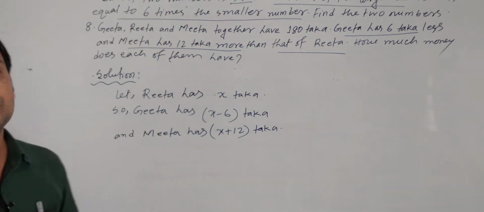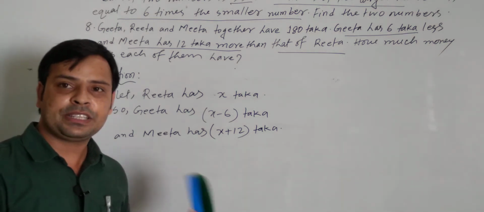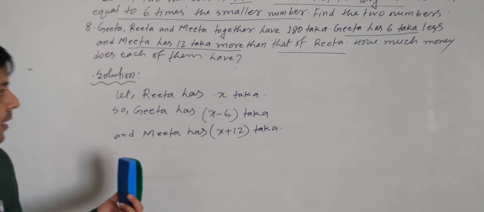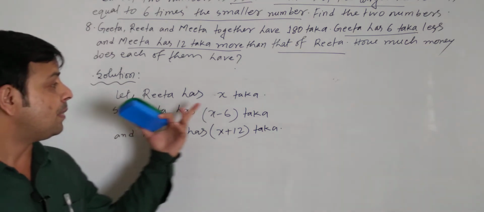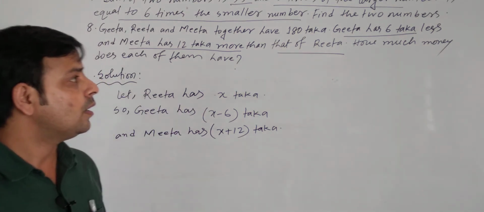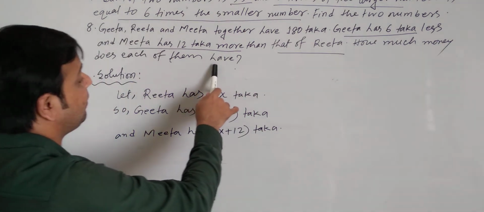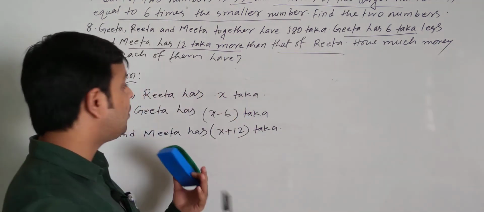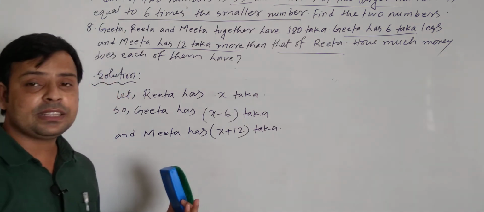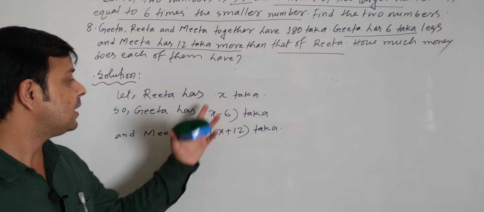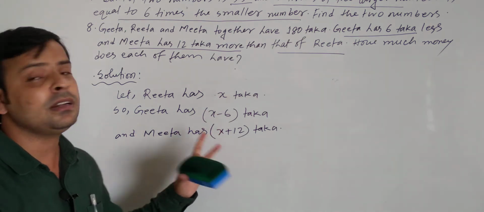And from this condition, we will form an equation and we will solve the equation to get the value of x, and the value of x is the money of Rita. What we need to find? How much money does each of them have? It means that we need to find the value of Rita, Gita and Mita. As the value of x is the money of Rita, then we will get the money of Gita and Mita.